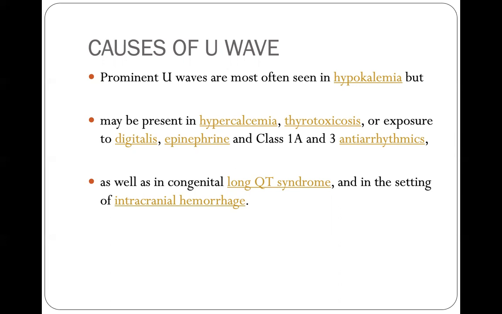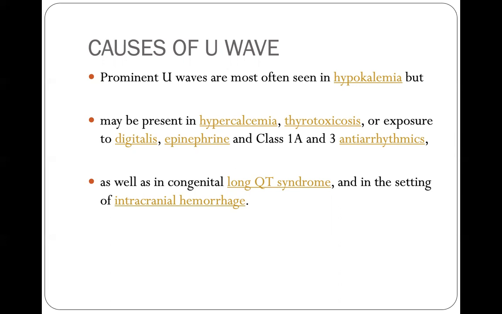It may be present as a benign condition, especially in young patients, and if it is present, never confuse it with a P wave. And when you are calculating the QT interval, be sure to involve the U wave in your calculation.